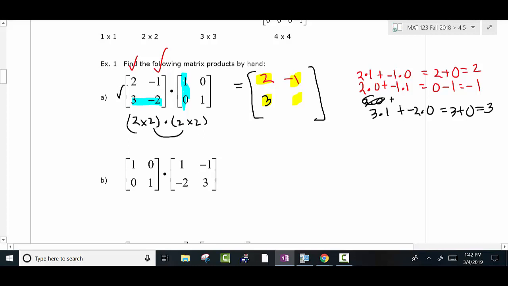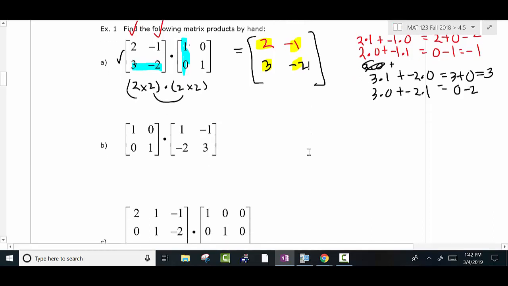You're not convinced, okay, so one more. We do 3 times 0 plus negative 2 times 1. So that's 0 minus 2, so that's negative 2. So it'll always work. In all of these problems that I've got on this page, you can tell me what the answer is in your head, and I want you to know that. And it doesn't matter what order you do these in. So what's the answer to this one?